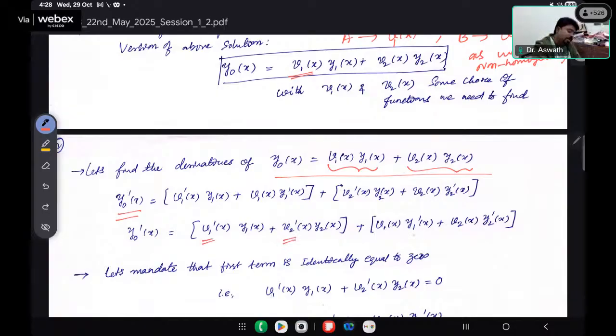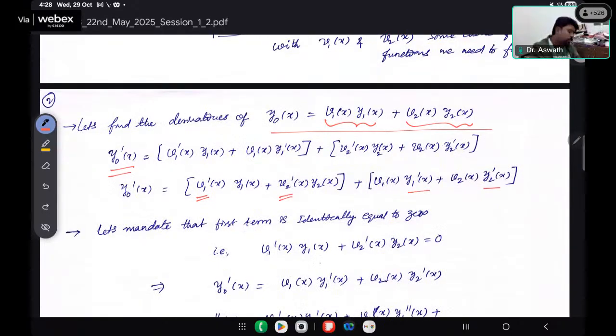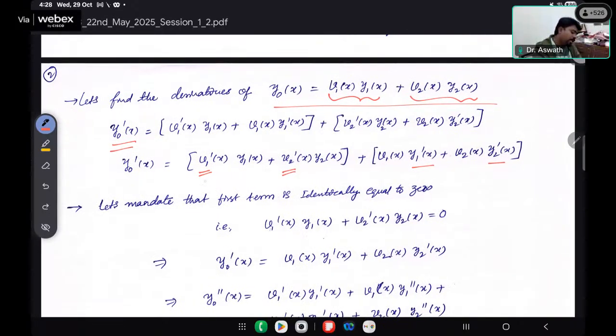In the second case, I'll have y1 dash and y2 dash. Now, this entire first part I mandate to be 0. Why I mandated it is that I assume the derivative of v1, v2 together becomes 0. This is done without loss of generality.